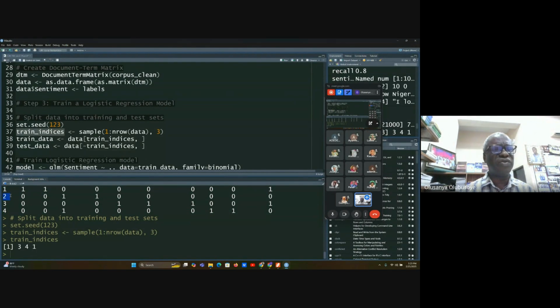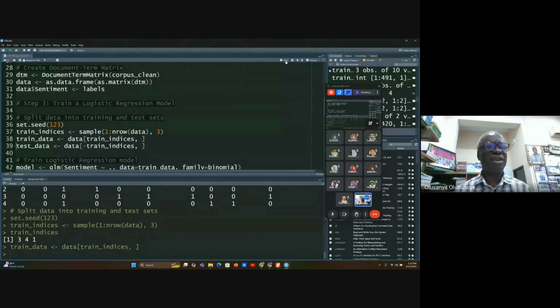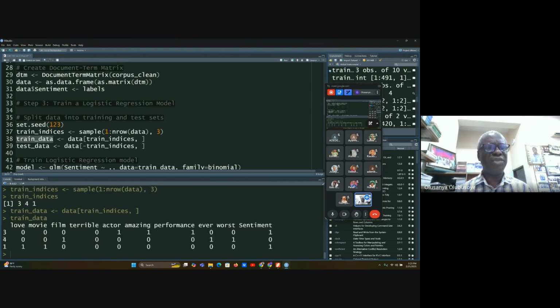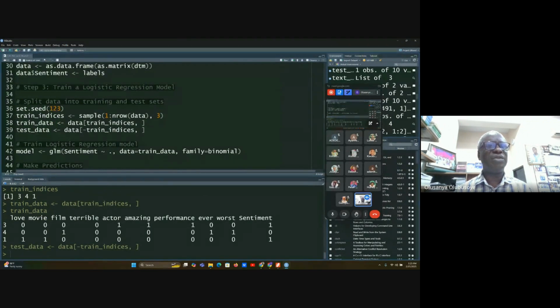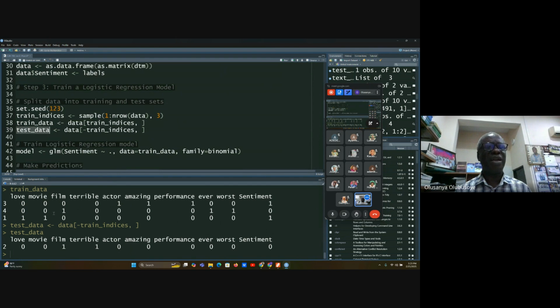So only document 2 will be used as test data. You can run this, and then if you want to see the training set data now, it will only pick document 3, document 4, document 1. If you want to see the test data, you have to run line 39. Then it will give you only document 2.